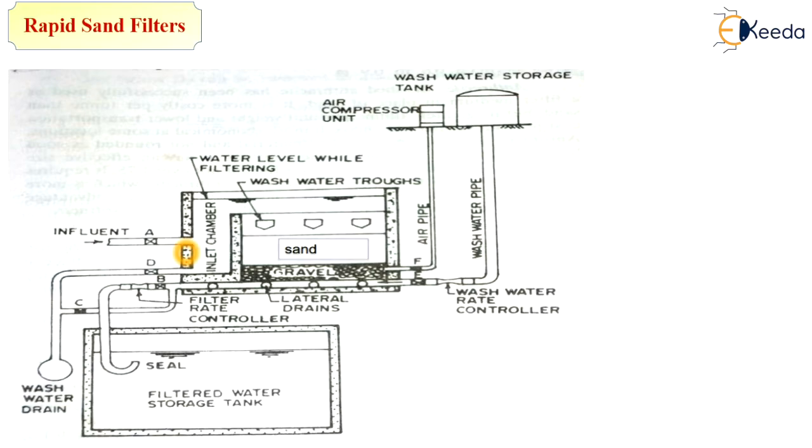As we have seen, in the slow sand filter the cleaning takes place manually, so there is a requirement of a huge labor force. But in the rapid sand filter the cleaning is done automatically, through the provision of a backwashing process. That process we will see in the coming slides.